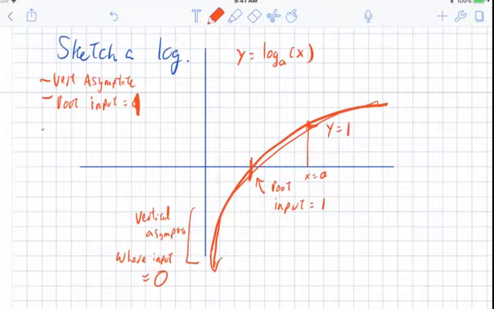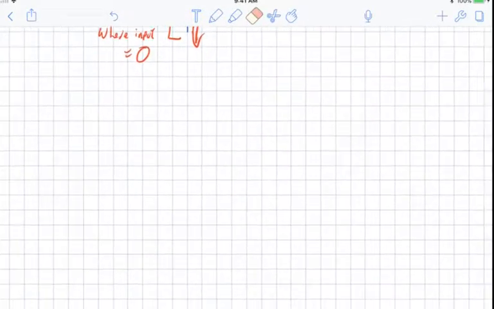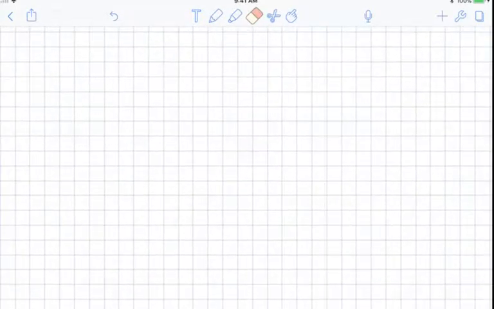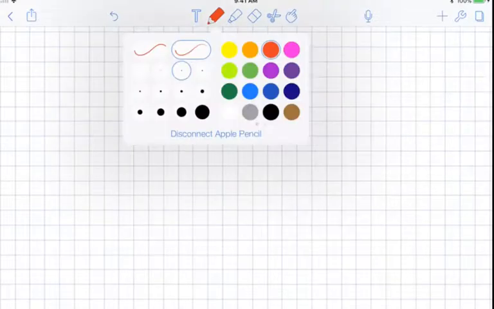And y is equal to 1 when the input matches the base. All right? So we can use this information. Essentially, we know the shape, and so we can sketch what these log functions look like. So let's start here. The issue here is sketching, right? You don't have to draw a super nice line, but you want to be able to sketch it.